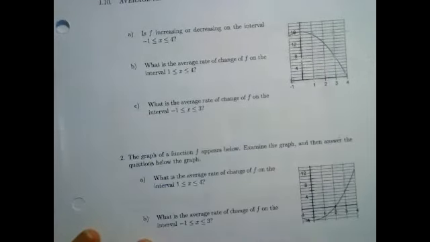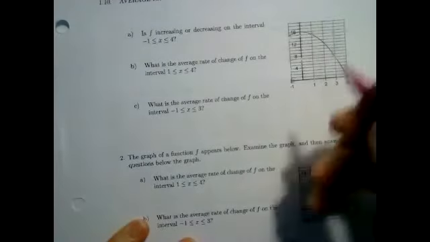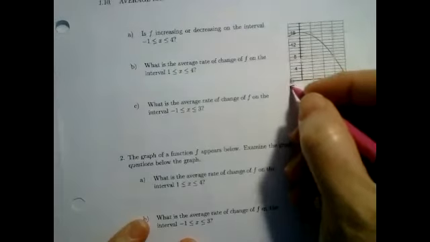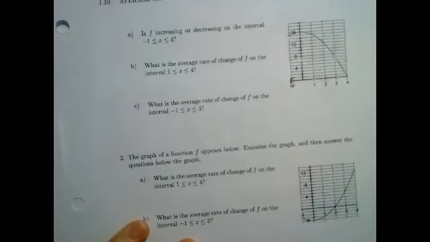Back to you for every problem. Is the function increasing or decreasing on the interval from -1 to 4? What can you say? Decreasing. Okay, so first, -1 is here, and this is 4.